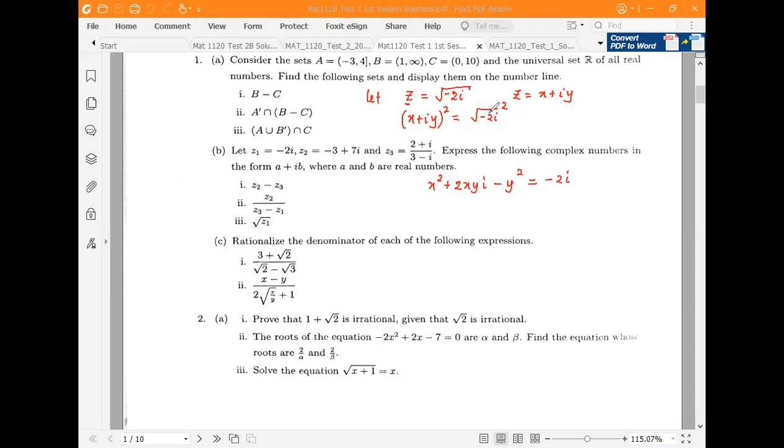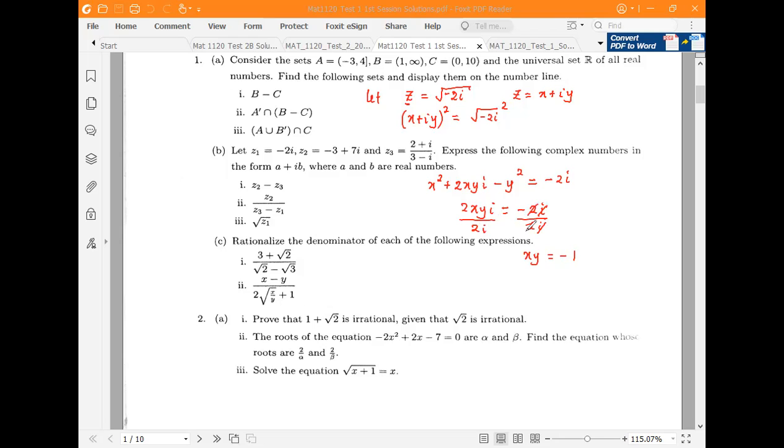So now we get the 2xyi and equate it to the minus 2i. The i's are equated to each other. So when we divide by 2i, we have xy equal to minus 1, because the i's will cancel and the 2's will cancel, remaining 1 over 1.